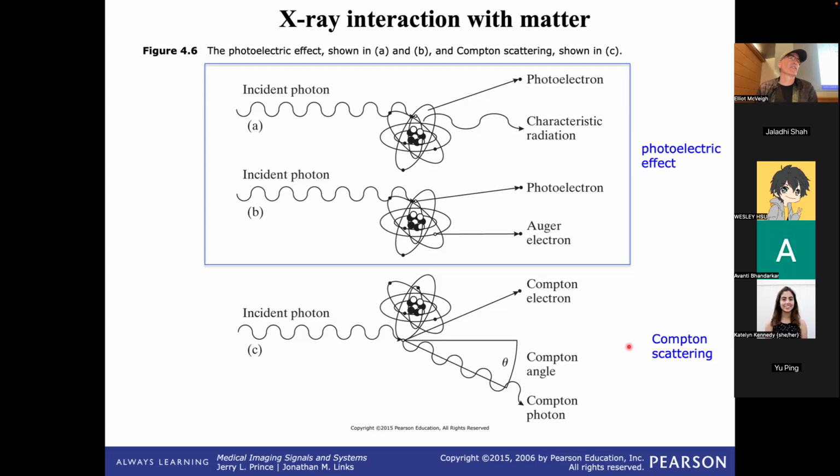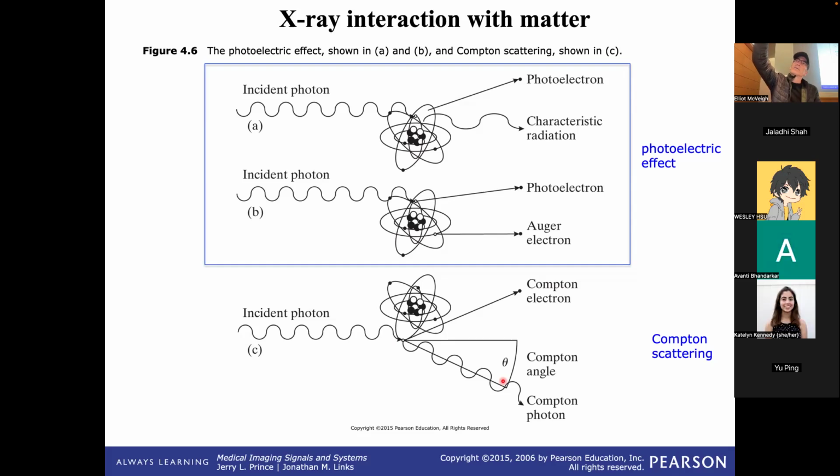Compton scattering is the other major way that the incident X-rays that we've created get absorbed or deflected by the patient. Many of these undergo a scattering where the scattering angle is not, say, 45 degrees or 90 degrees, such that it totally exits the patient.